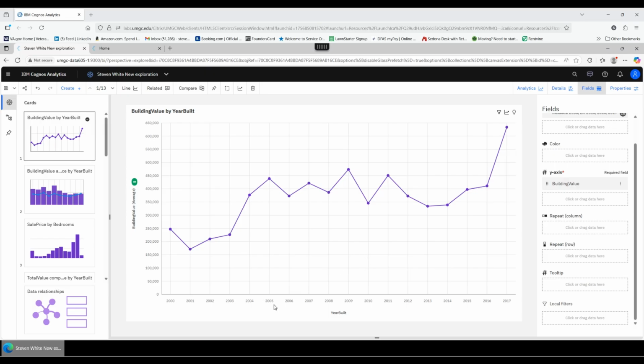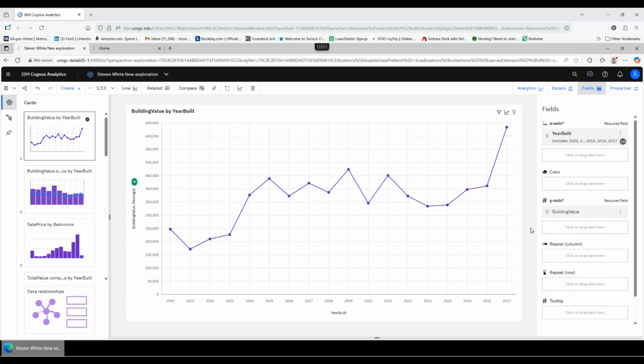But I did filter by year, looking from 2000 to 2017, the average value of the properties, land, and buildings over that time frame. And as you can see, over time we have a trending upward of the valuation.